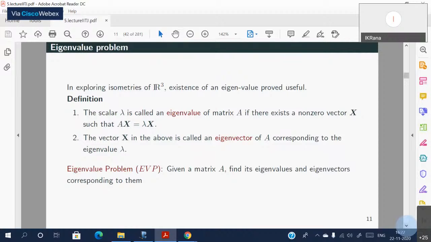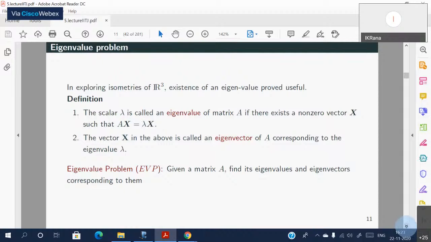We assumed for R3, given a linear transformation, there is an eigenvalue. Okay, so in general, the question is, given a matrix A, find its eigenvalues, and corresponding to each eigenvalue, find out the eigenvectors. Okay, so lambda is the eigenvalue, the scalar, and x with Ax equal to lambda x is the eigenvector for the eigenvalue lambda.